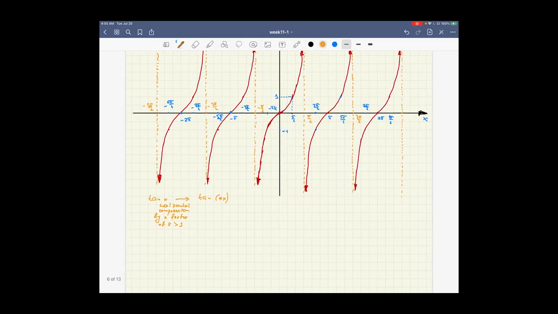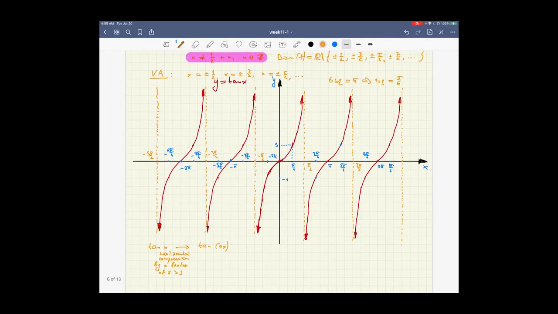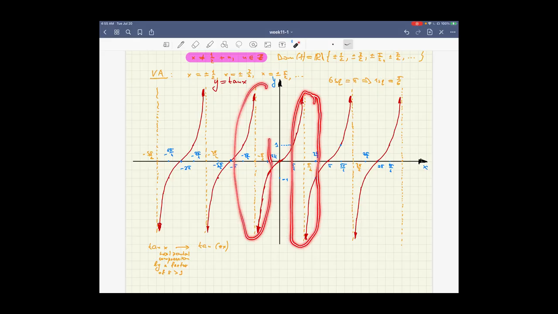So asymptotes will be, say, these two asymptotes, pi over 2 and negative pi over 2, they will turn into 1/2 and -1/2.